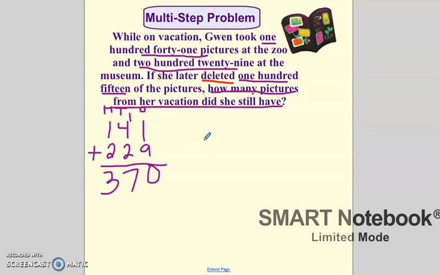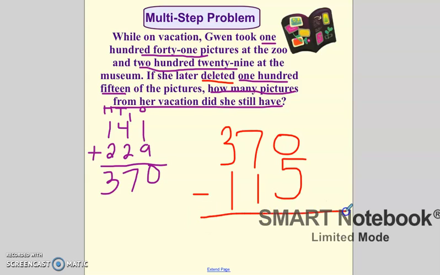Let me set it up and then I will have you guys solve. Don't forget to make your HTO. Hold on, my friends. Okay.